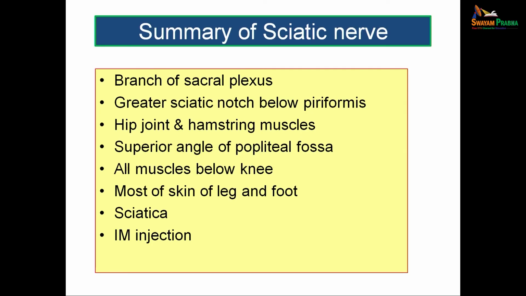Sciatica is a condition caused by compression of sciatic nerve root fibers, resulting in pain radiating from the back of the thigh to the lower part of the leg along the course of the deep peroneal nerve. There can be associated symptoms like loss of sensation if it becomes a chronic condition.